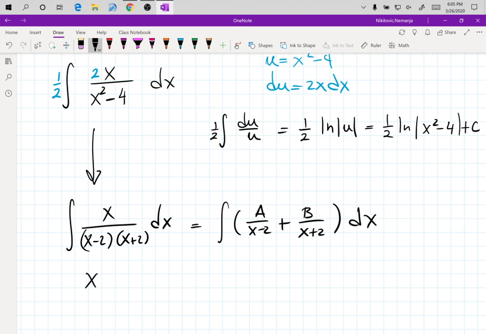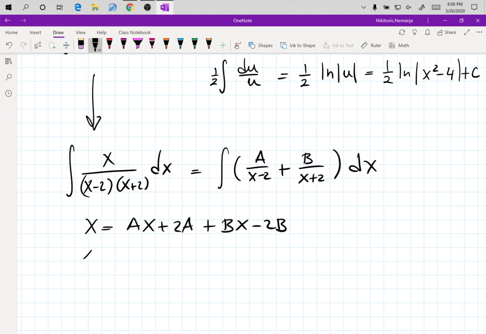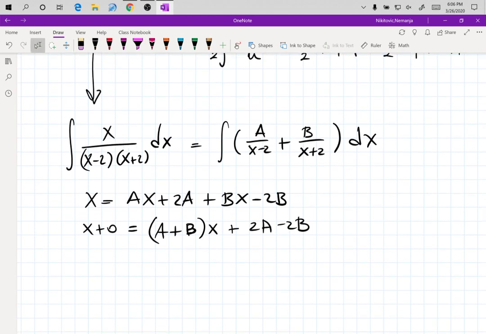That will give us x equals ax plus 2a plus bx minus 2b. So your x plus 0 is equal to a plus b times x when you factor x out, plus 2a minus 2b. So that gives you that a plus b equals 1, and 2a minus 2b equals 0.